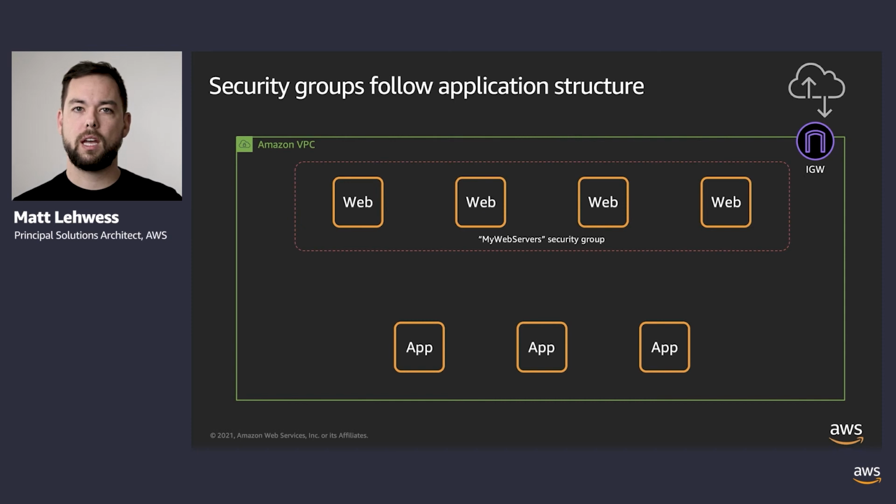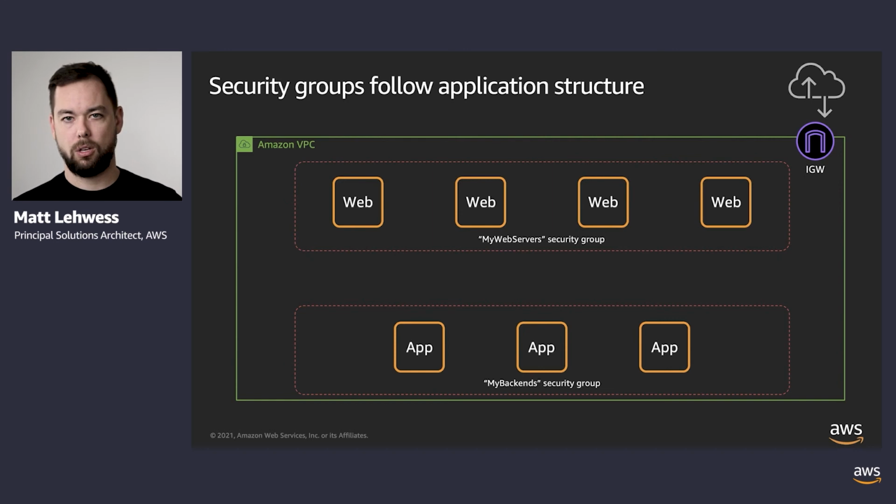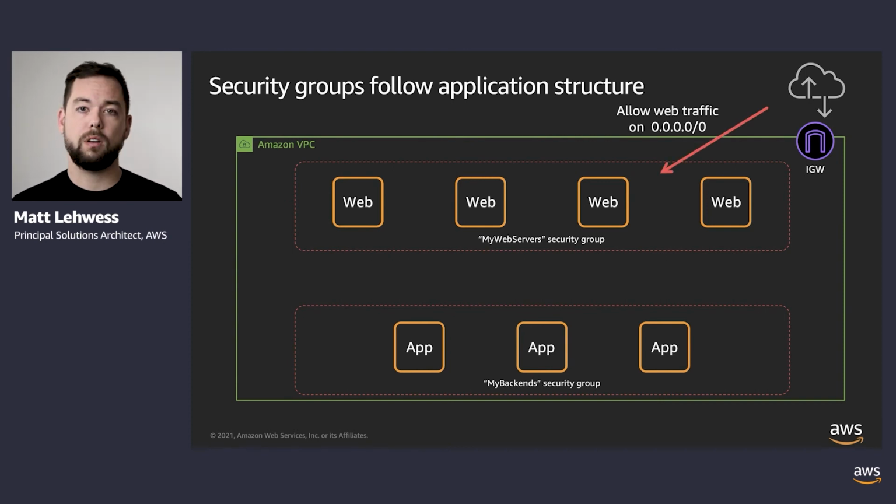Then we've associated two security groups with these instances: my web servers security group and my backend security group, for the web and for the application instances. What we're doing here is allowing all traffic to talk to the web servers, because that's something you probably want. You want your customers to come in and talk to the web instances, and you don't want to block those using security groups.